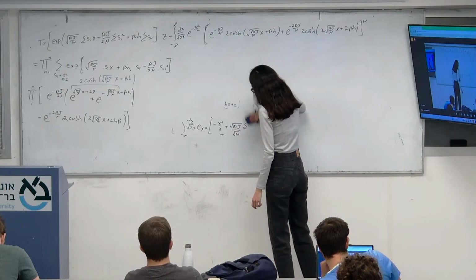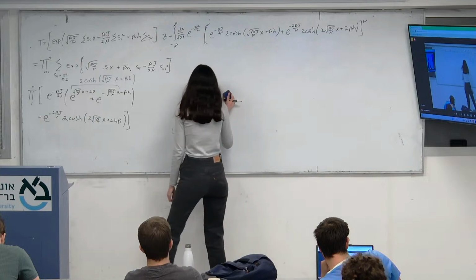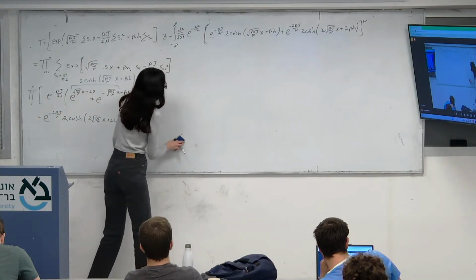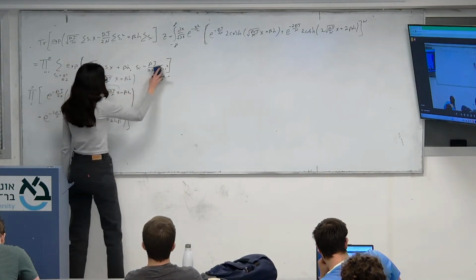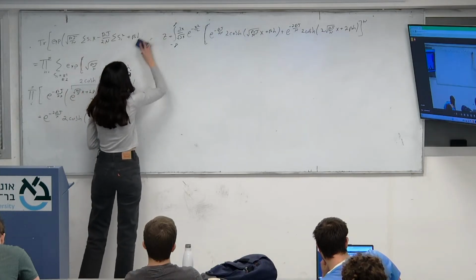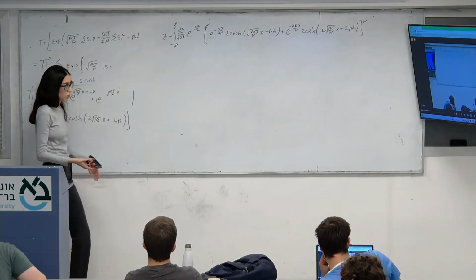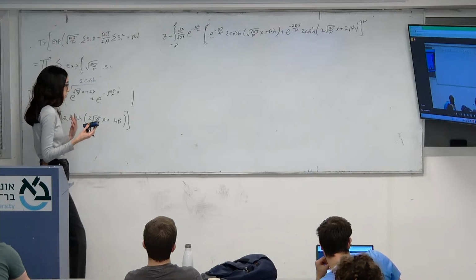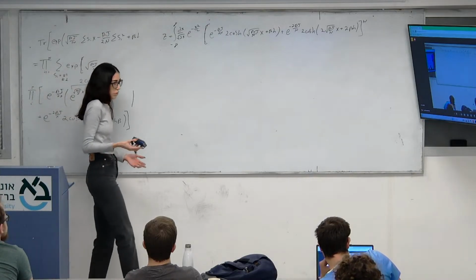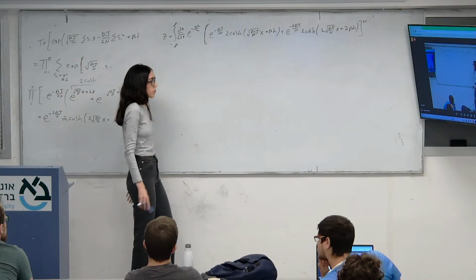So, okay, basically now we need to solve this integration, but we really don't want to. So what we're going to do is, in the question they ask you to find the free energy using saddle point approximation. So we're going to talk about what saddle point approximation is.